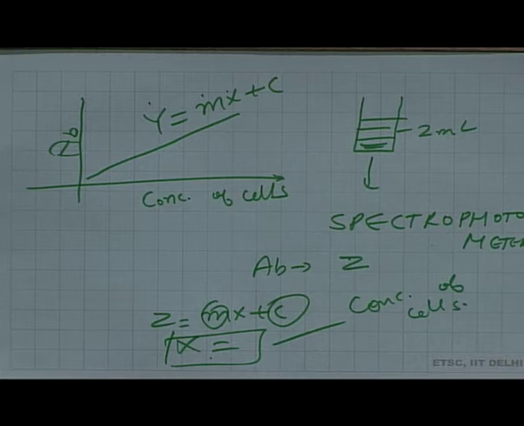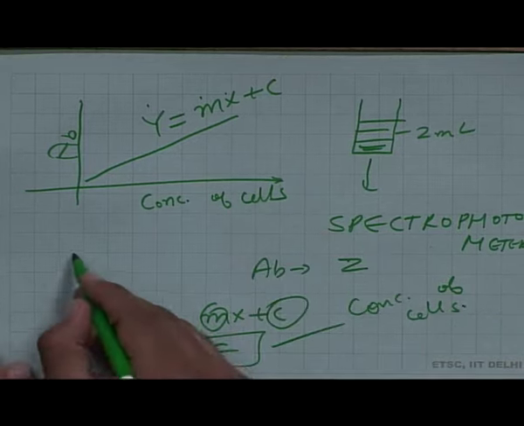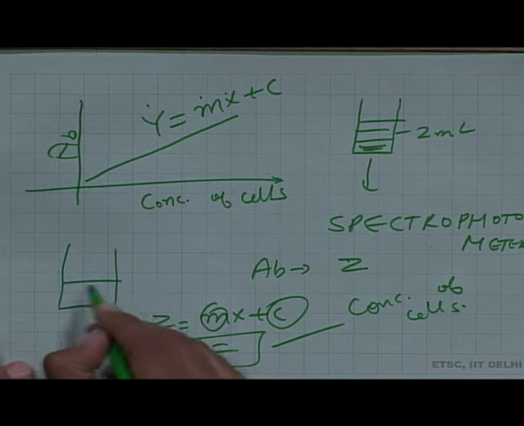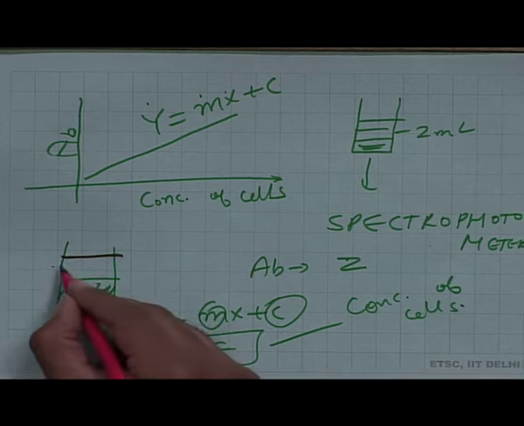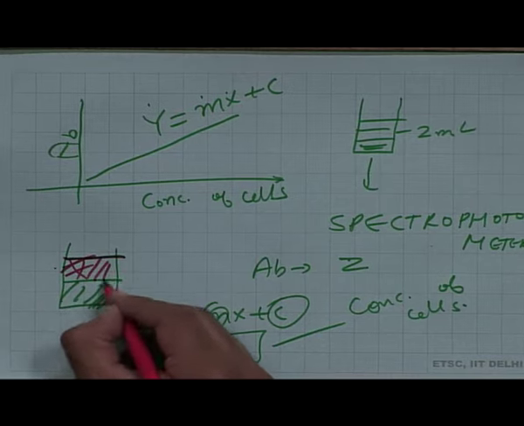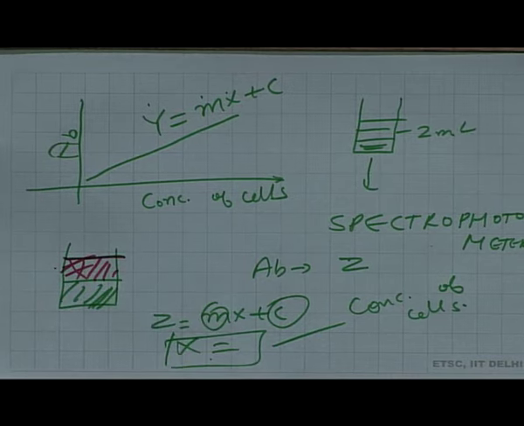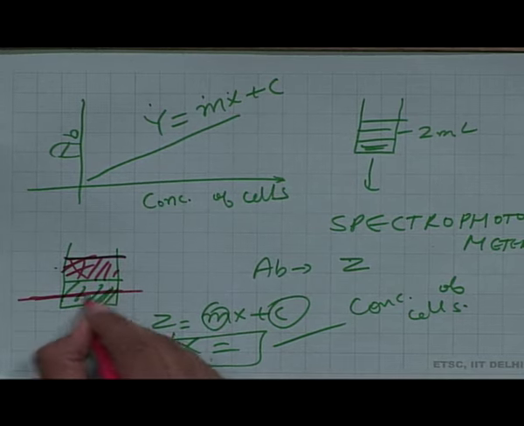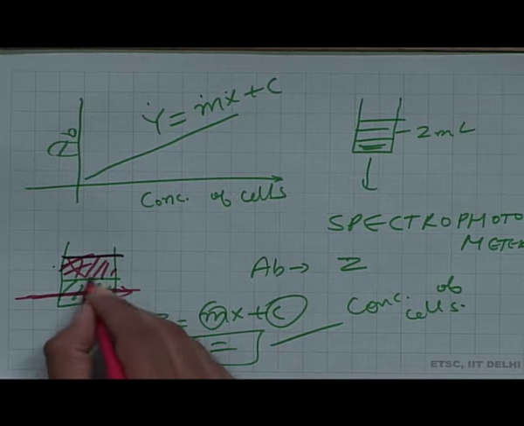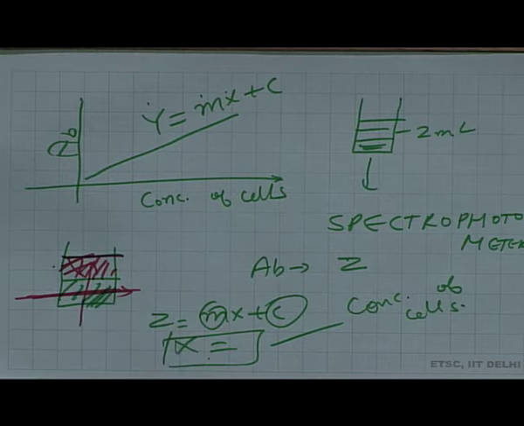It is not dependent on whether you fill the cuvette till here or till here, because the length that I talked about is this, light is passing through this, not this.